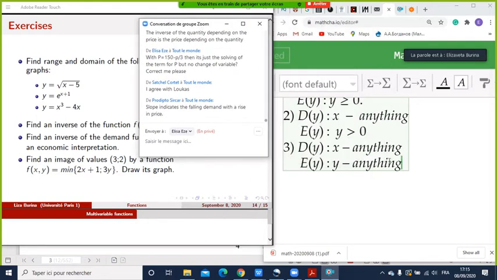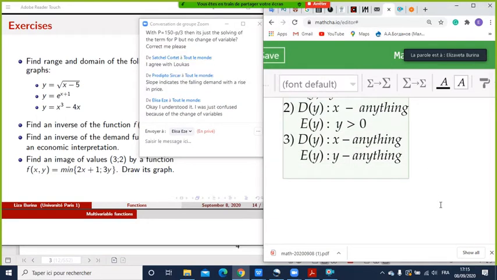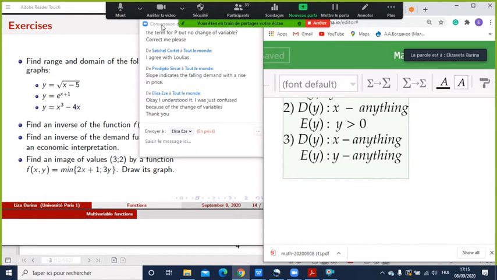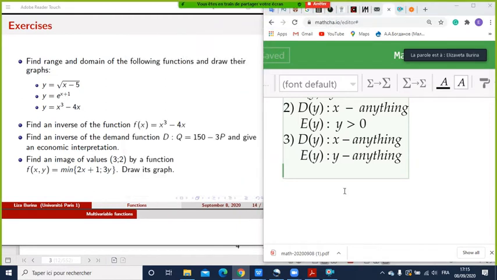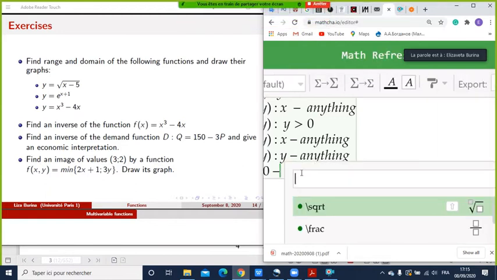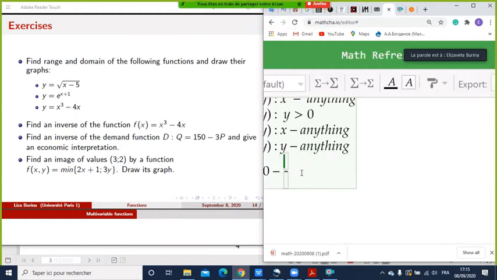In general here, okay, cool. Here, since we talk economics, the easiest would be just to go ahead and express p in terms of q, and you'd get something like 50 minus, and let's write it as a fraction, q over 3.